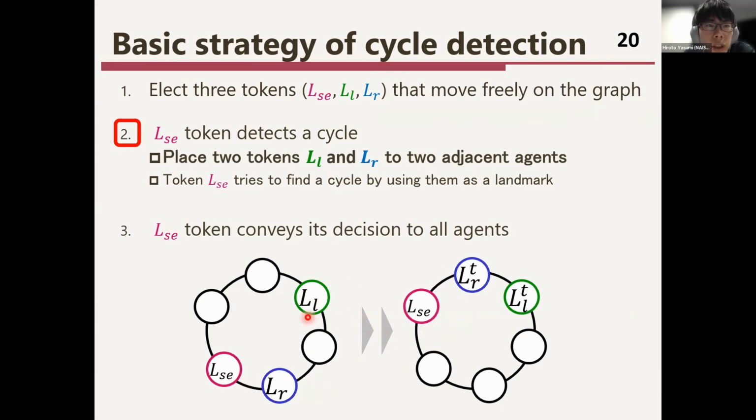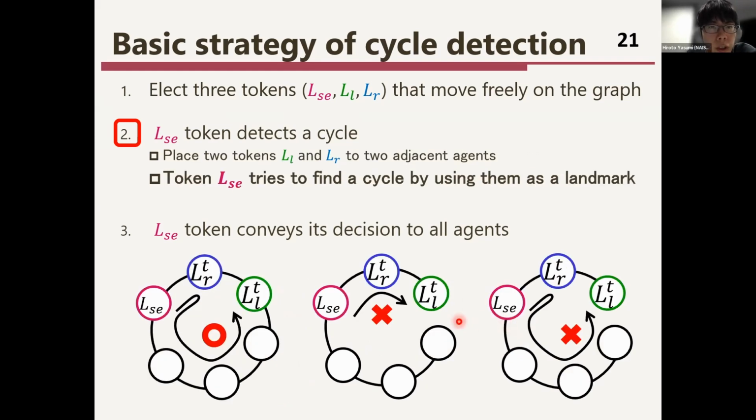Secondly, LSE token tries to detect a cycle. First, agents place two tokens LL and LR to two adjacent agents like this. This LTR represents a placed LR token, and this LTL token represents a placed LL token.